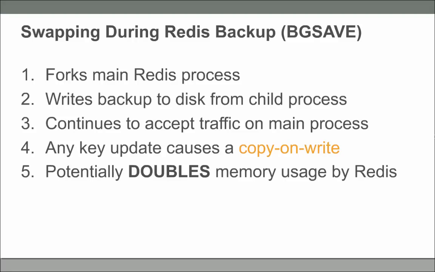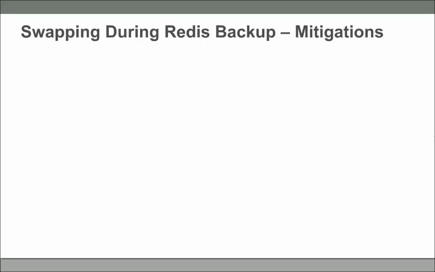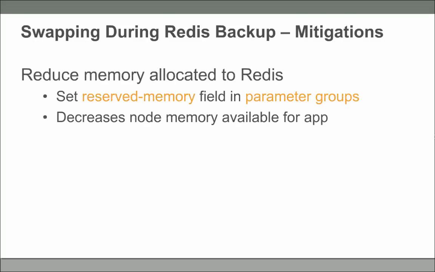If this additional memory exceeds the total available memory on your node, then processing can become slow due to excessive use of swap, or in extreme cases, if it goes on and on, you might even make your Redis unresponsive. And of course, that's something that you want to mitigate.